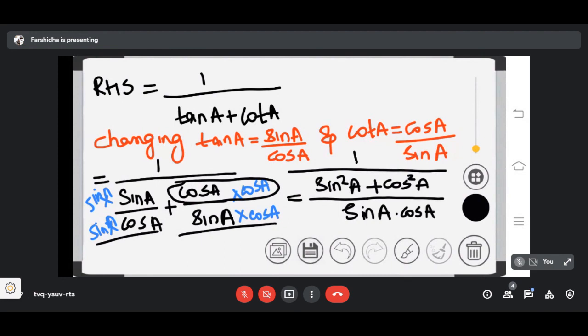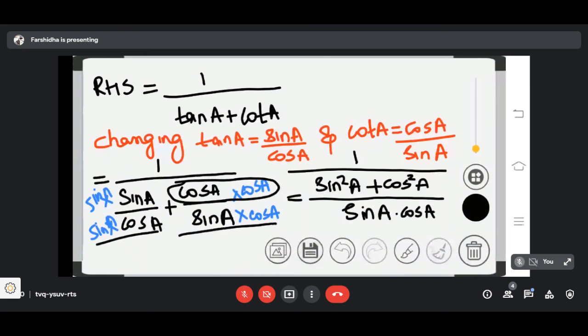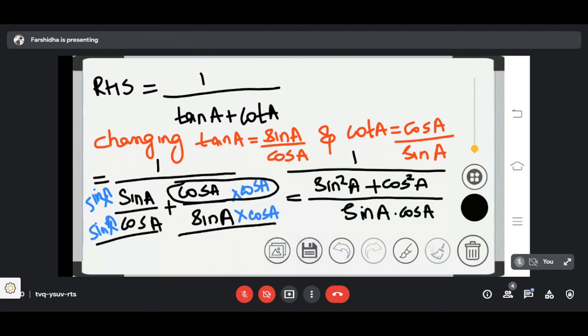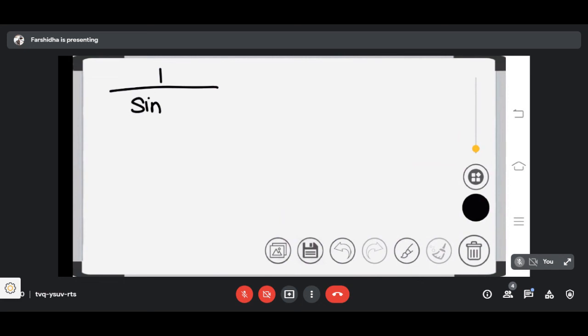So we got 1 by sin square A plus cos square A divided by sin A into cos A.